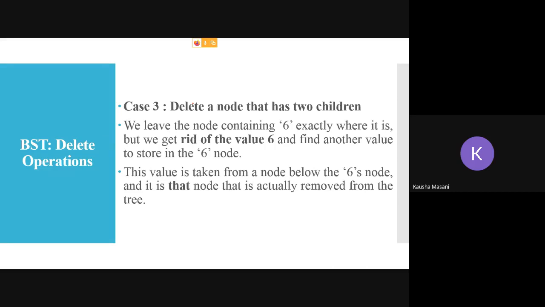Now, how can I select which value from the left and which value from the right? If you choose to select the value from the left subtree, then whichever is the maximum value in the left subtree will be the replacement.